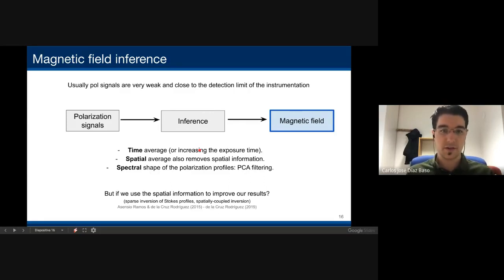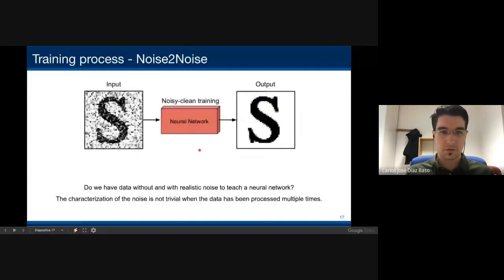So can we improve the estimation of the signals and reduce the noise by looking at those surrounding pixels? Okay, let's do that. In principle, it's easy, right? We just need noisy images. We need clean images, so we can train a neural network to do this step between the input and the output.